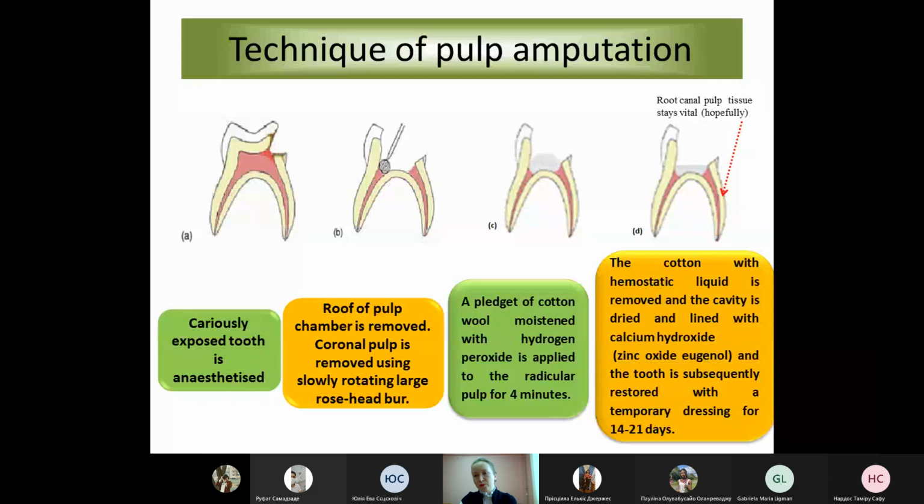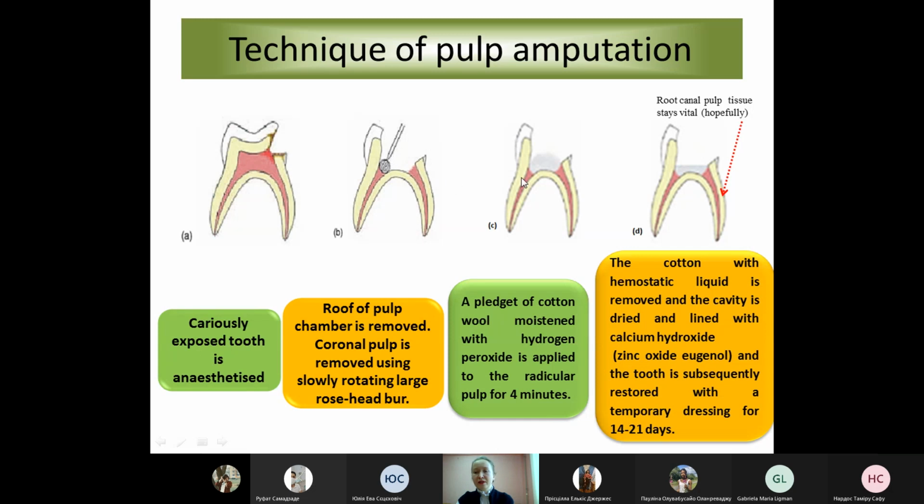So, the technique of pulp amputation. The essential first step is anesthetizing, then preparation of the carious cavity, then unroofing of the pulp chamber and gaining access to the root canal orifices. This is done with a round bur in a slow speed handpiece, and at the stage of unroofing, pulp amputation is done with the same bur in the slow speed handpiece.